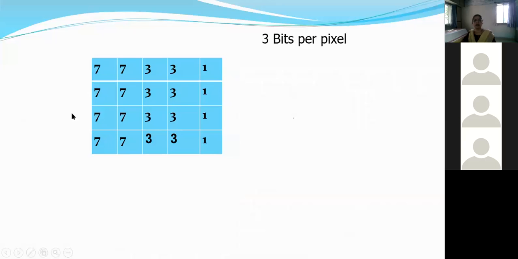So there is one more example. I request all of you to represent this input image as bit plane images. Now all of you tell me how the most significant bit plane will look like for the very first row.